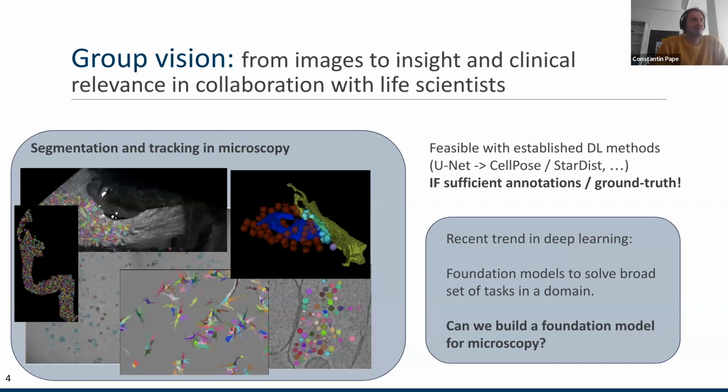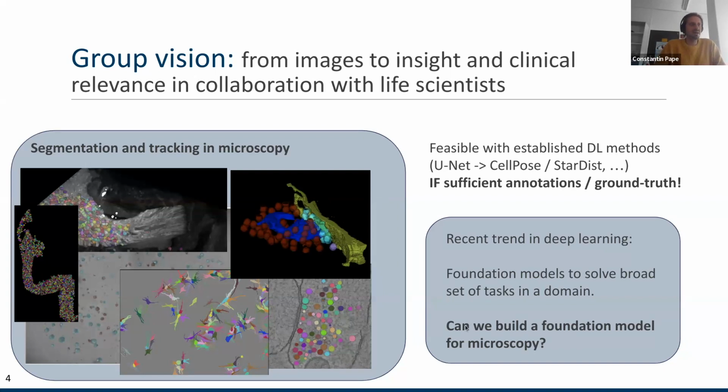And so that's where this recent trend in deep learning to build these so-called foundation models, which have the goal to solve a broad set of tasks in a given domain, becomes relevant. Basically, if we could build such a foundation model for microscopy segmentation or even microscopy more generally, then we would hope that it could cover a lot more of these bread and butter analysis tasks in segmentation and tracking, and would really speed up the research in this.